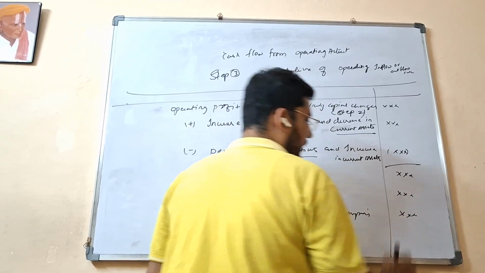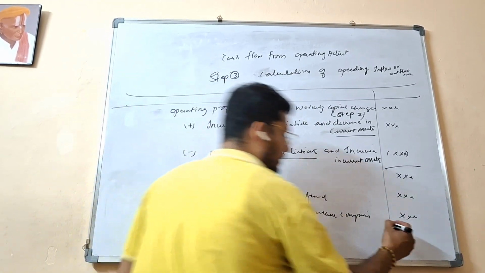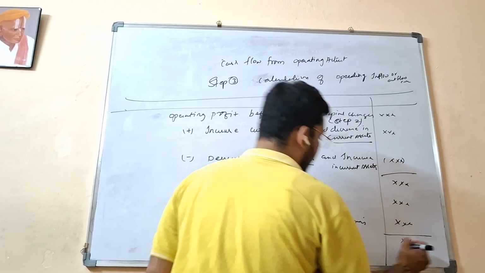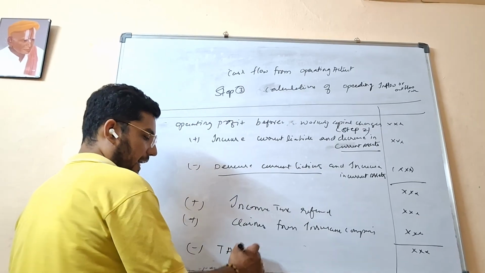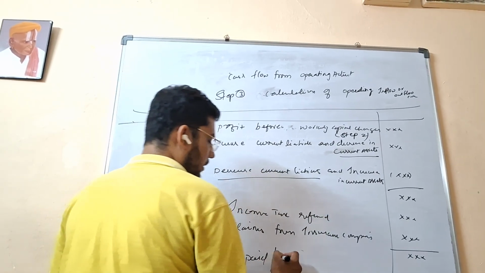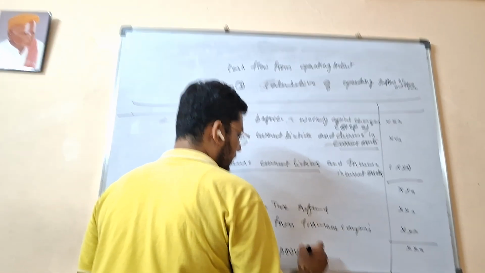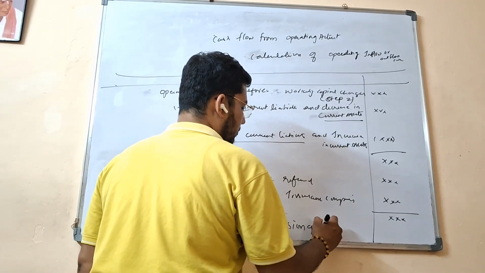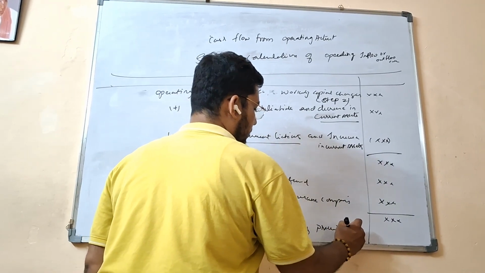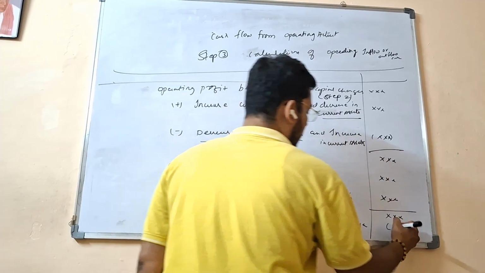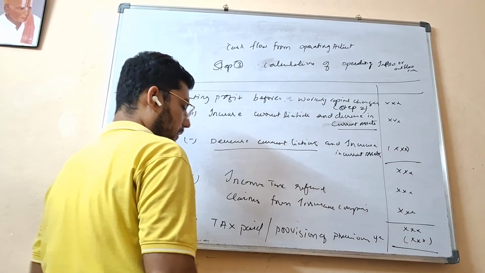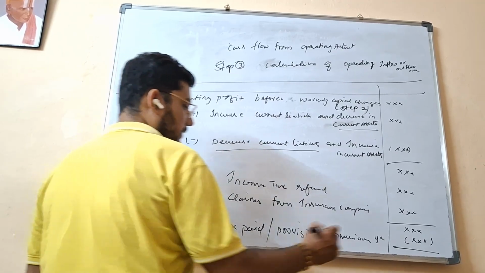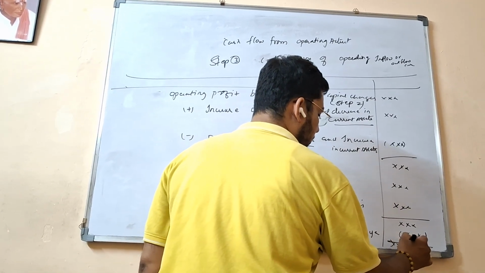What we have deducted in step 1, and then from the balance we get, we subtract tax paid or provision for tax of the previous year. Whatever balance we get is considered to be your cash flow.